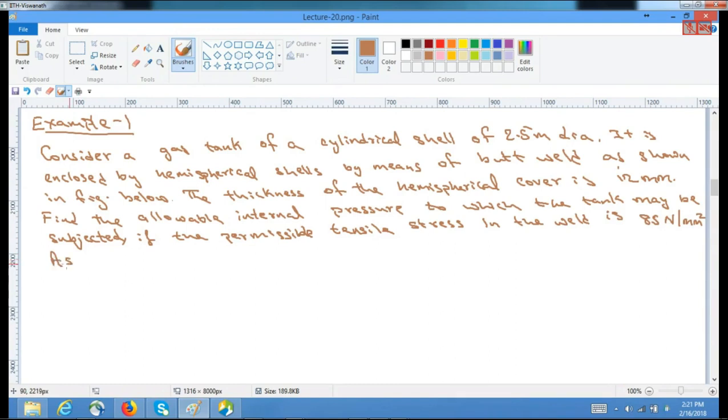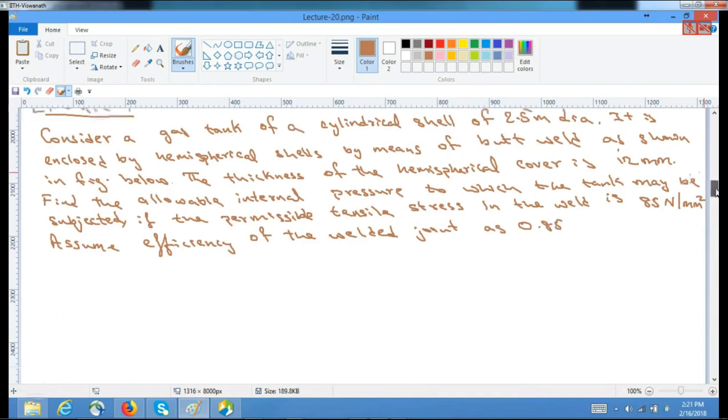Assume efficiency of the weld joint as 0.85.